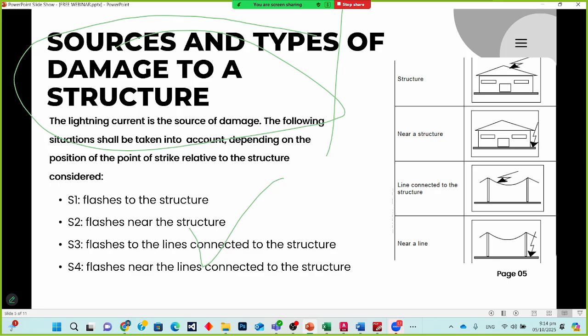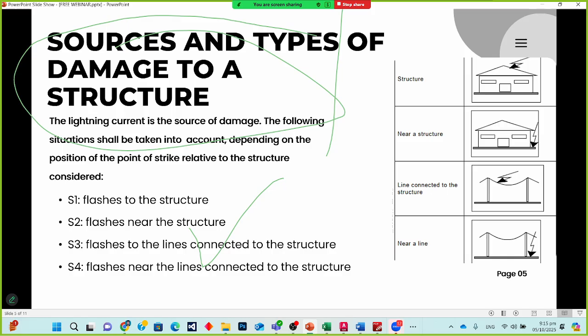Basically, the lightning current is the source of the damage. There are four types of sources where a lightning strike can occur, and due to that, the lightning current will flow and damage the equipment and lives, and create different issues.